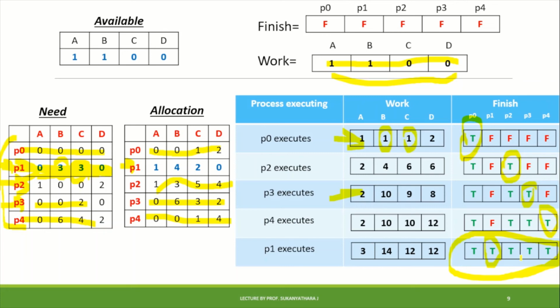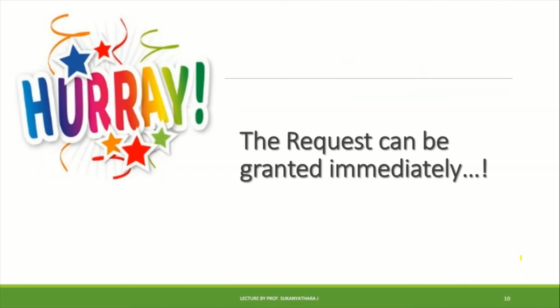In this case, we have proved that the new state is also safe. If the resource is allocated to P1 right away, there will not be a deadlock in the new state. So, the operating system can peacefully grant the resources immediately to P1. So, P1 gets its requested resources immediately.